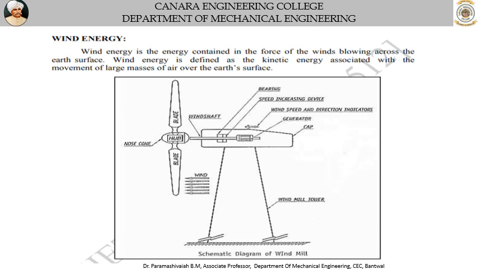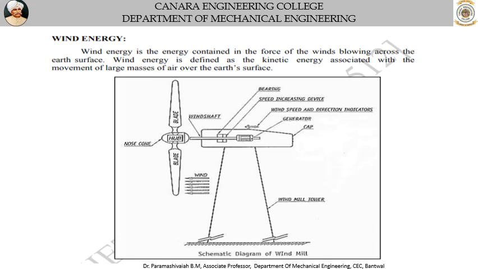The energy available in the blowing air can be utilized to rotate the large blades of a wind turbine. It may be a wind turbine or a windmill also. Depending on the availability of air velocity and geographical location, we can install either a wind turbine or a windmill.